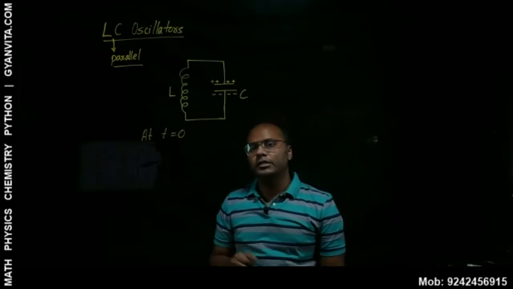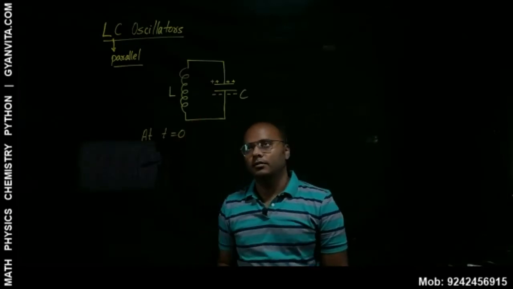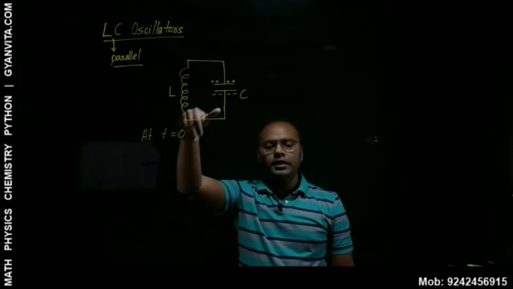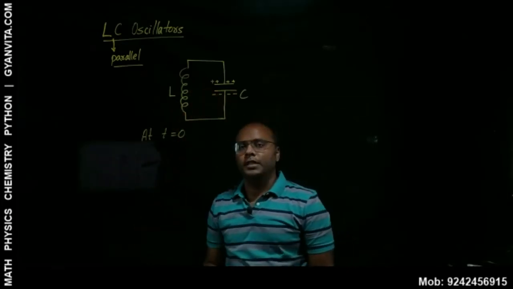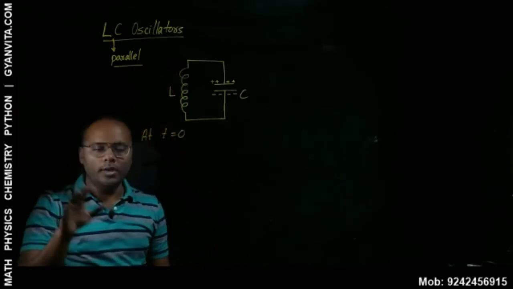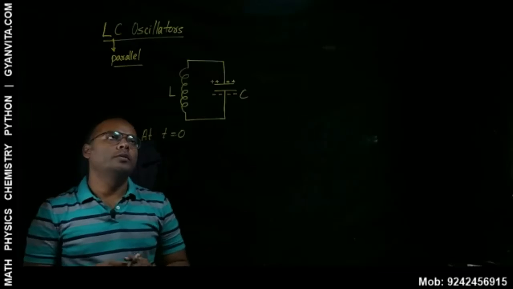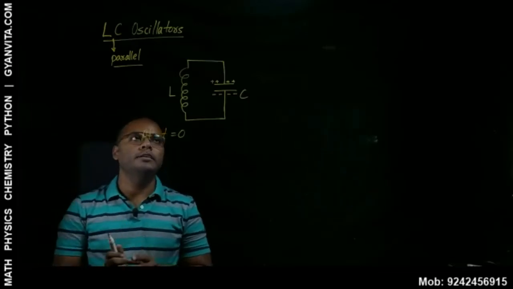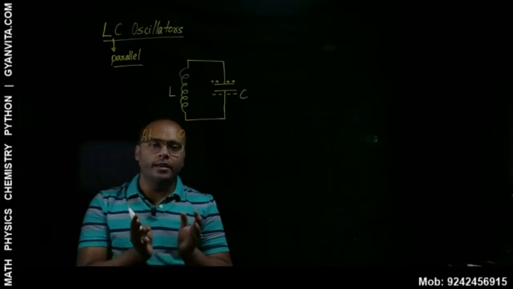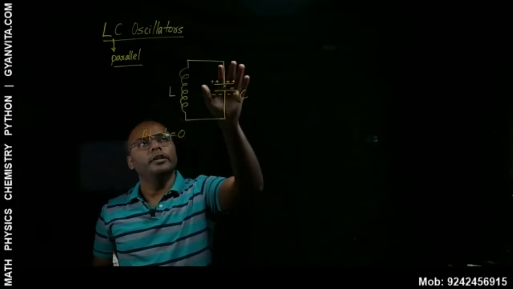And because this is initially fully charged, the entire energy in this circuit is due to this capacitor, right? In this L, there is no current, and that's why there is no magnetic field. So what we have to see here is the variation in magnetic energy and electrical or electrostatic energy.